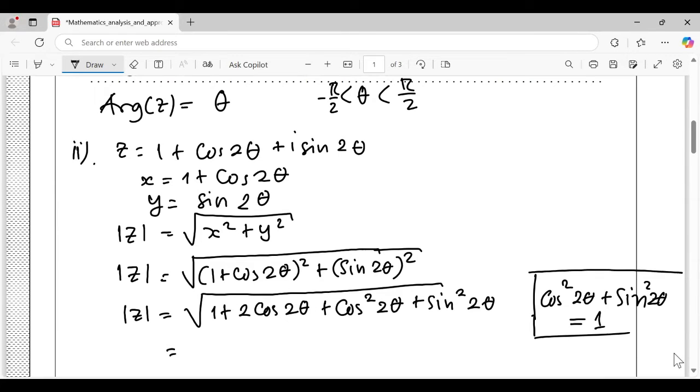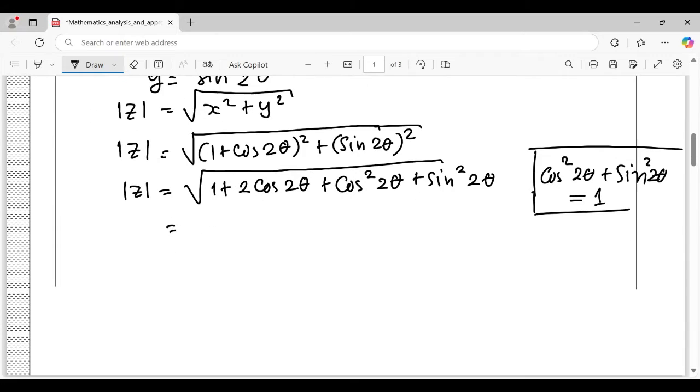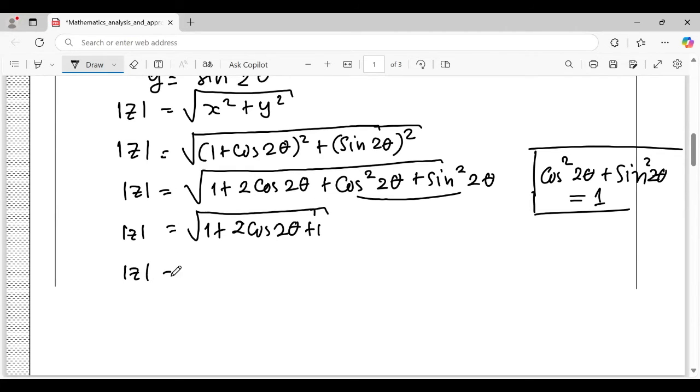I need more space. So modulus z equals the square root of 1 plus 2 cosine 2 theta plus 1, because this part is 1. So modulus z is the square root of 2 plus 2 cosine 2 theta.